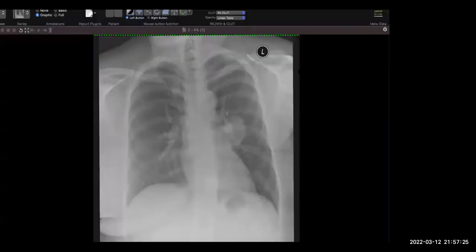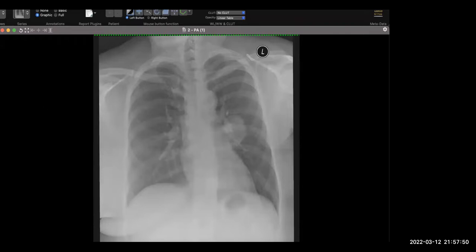Okay. So yeah, this is your first case. Frontal radiograph of a mature patient has been given to me. There is a well-defined opacity seen overlying the hilum on the left.